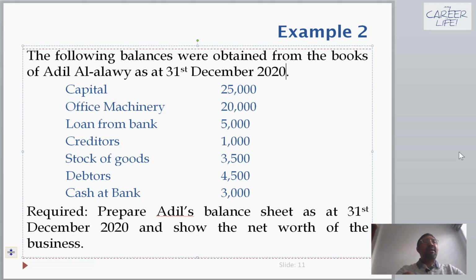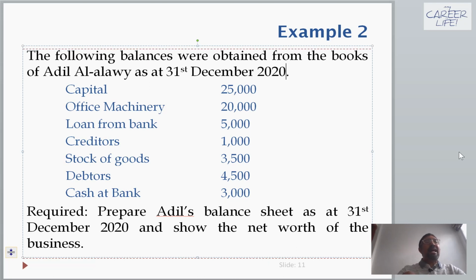A loan from a bank, 5,000. Creditors were 1,000. He bought stock of goods at 3,500. Then debtors 4,500, and he had cash at the bank at 3,000. So we are required to prepare Adil's balance sheet as at 31st December 2020.